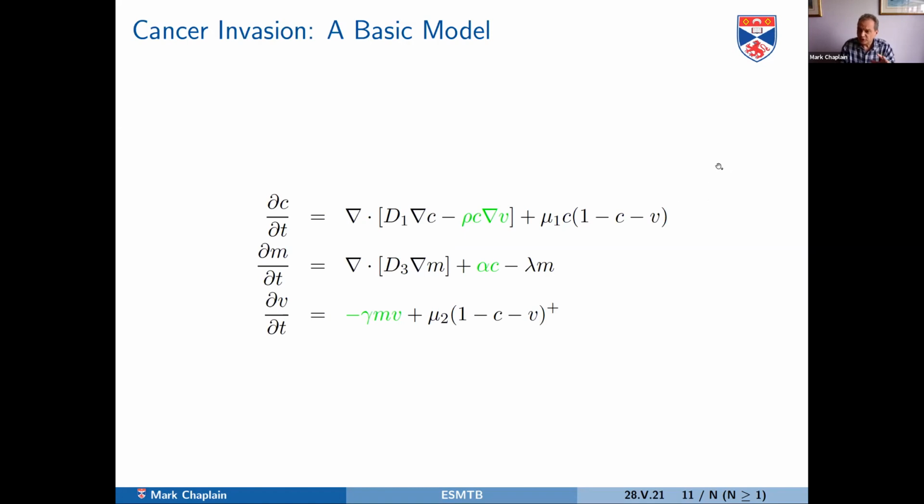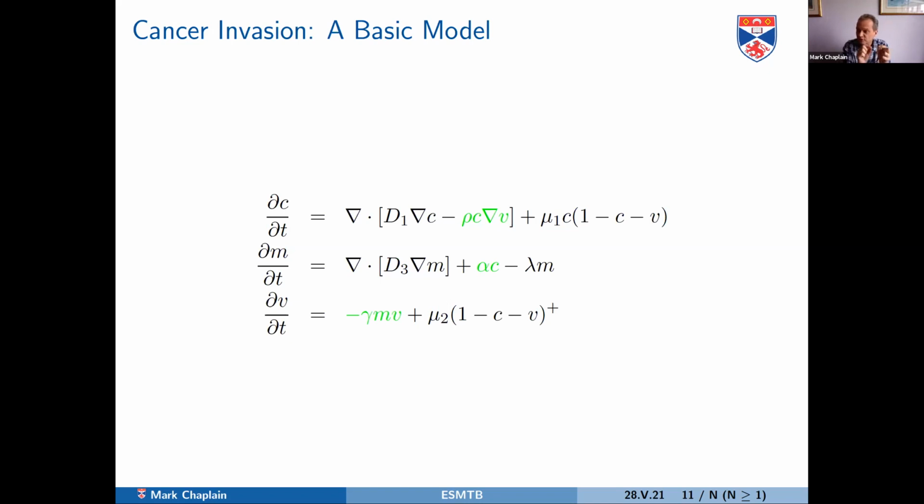So if you want to develop a sort of high-level, let's say, macro-scale model of invasion using partial differential equations, you'll have an equation for the cancer cells, an equation for the extracellular matrix, and an equation for the matrix-degrading enzymes.